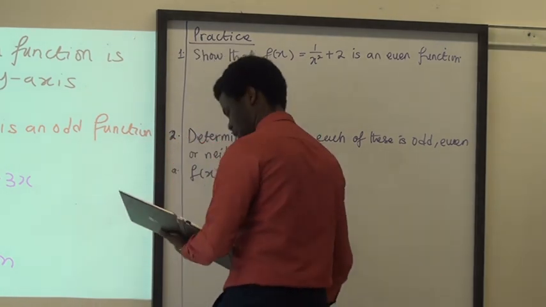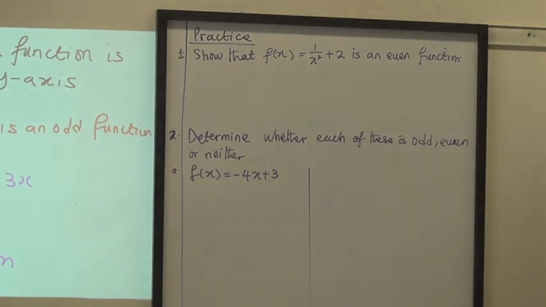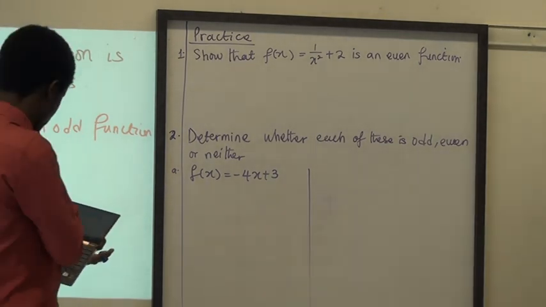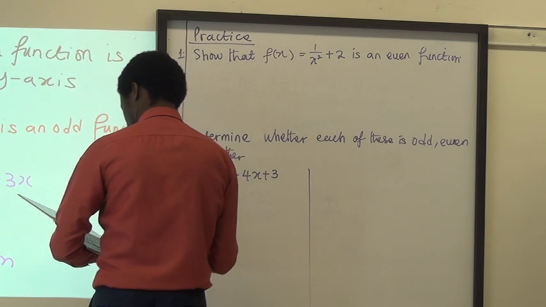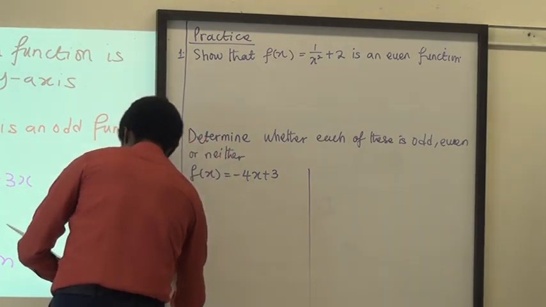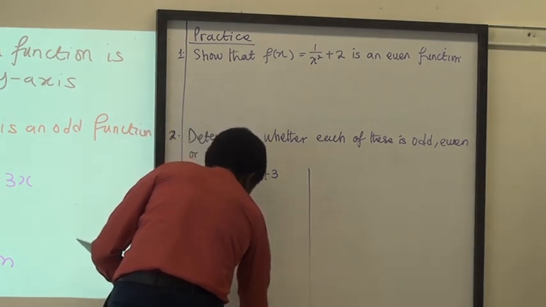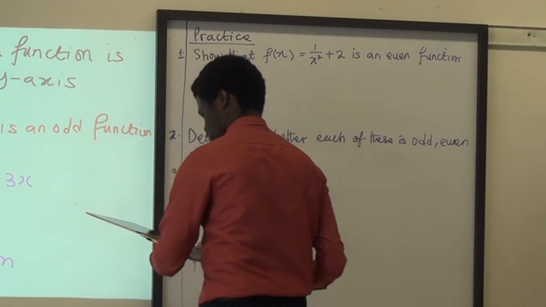Let's pick C, a rational function: f of x equals 3 divided by x squared minus 4.